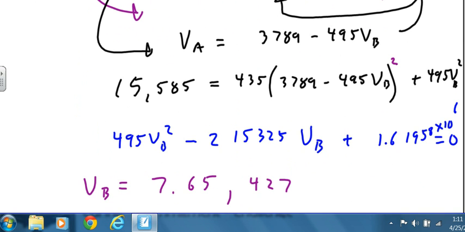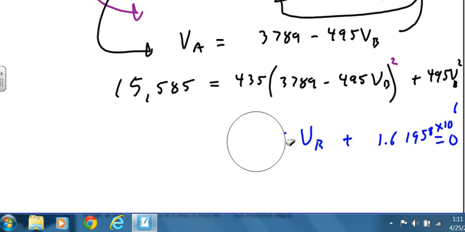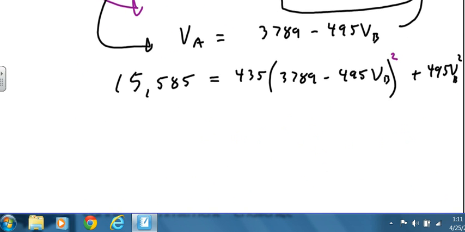Alright, well that is a horse of a different color, isn't it? So I have to square that guy.